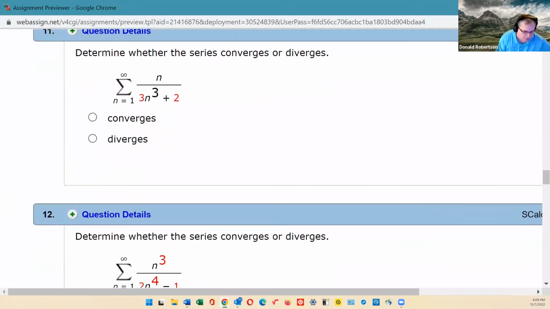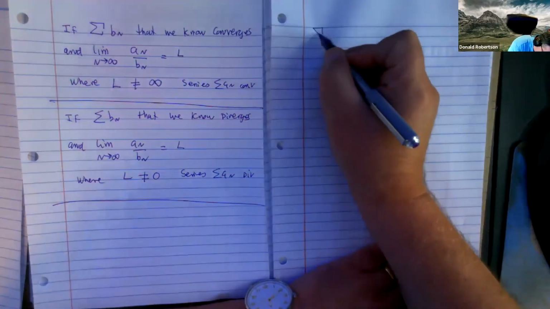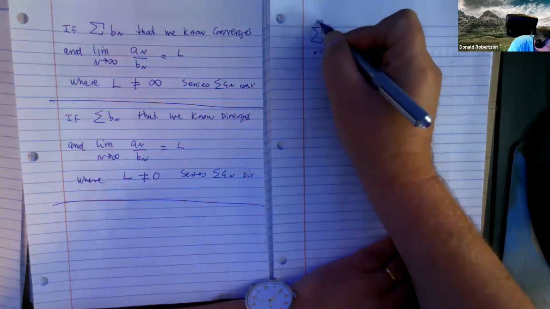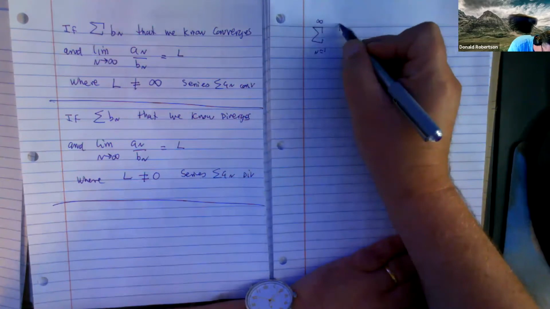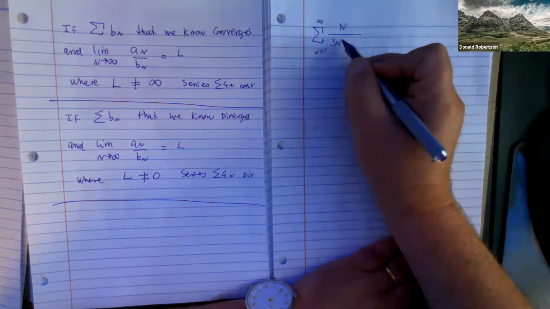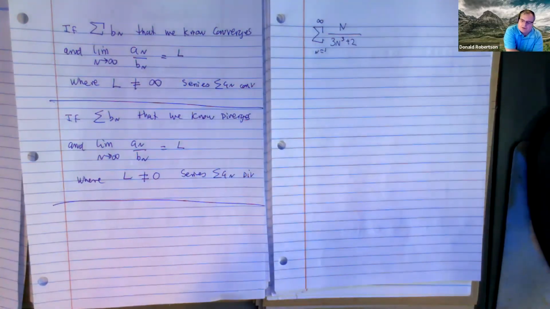So we're now going to continue with the limit comparison test. See if we can figure out the next one. Okay, we need to find out who he behaves like.